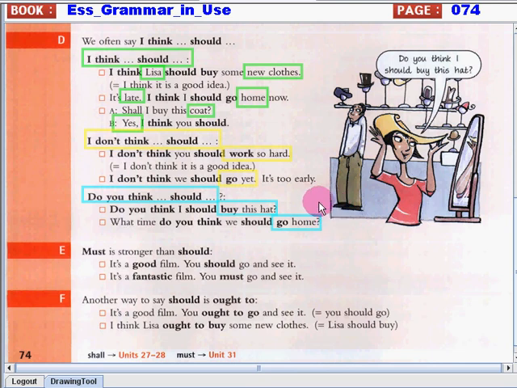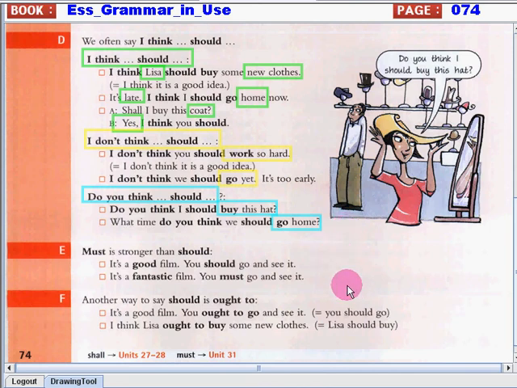So, you're asking for the opinion of someone. You're asking for the advice of someone on something. What time do you think we should go home? Here, another one, you're asking for the opinion of someone on what time you should go home.